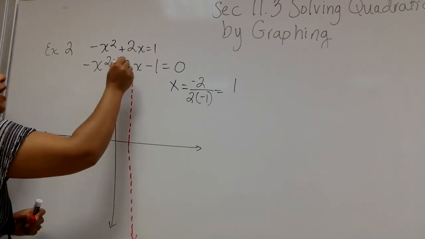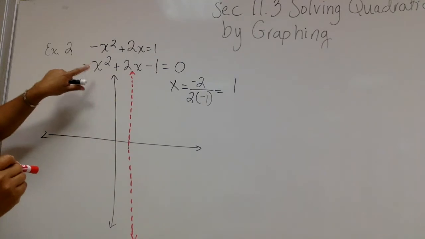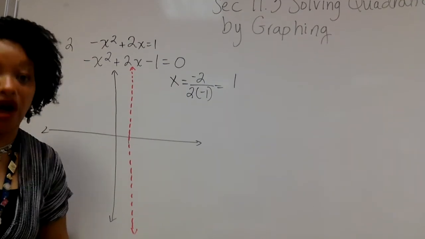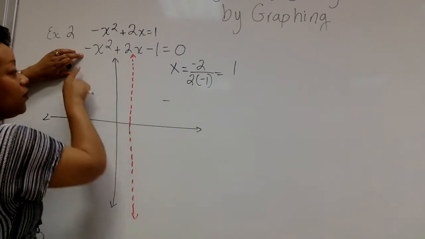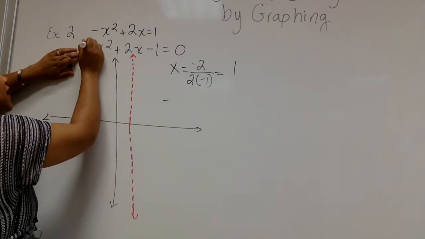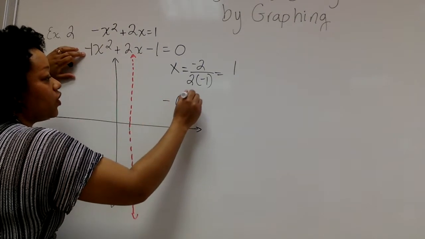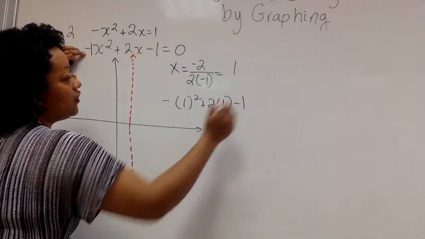And now we're going to find our vertex point. We're going to take this value of x, plug it in, and see what value we get. That will be our y. So that gives me negative. Now remember, this negative is on the outside. It's like an invisible 1 here. So it's going to be negative times 1 squared plus 2 times 1 minus 1.